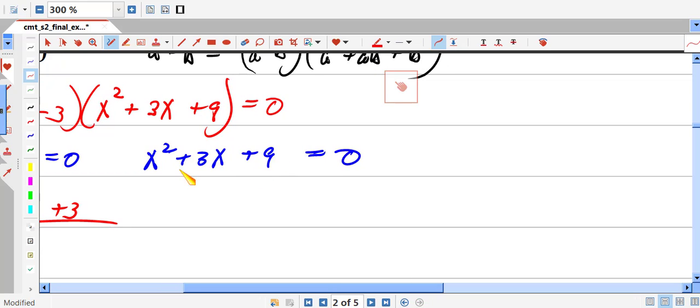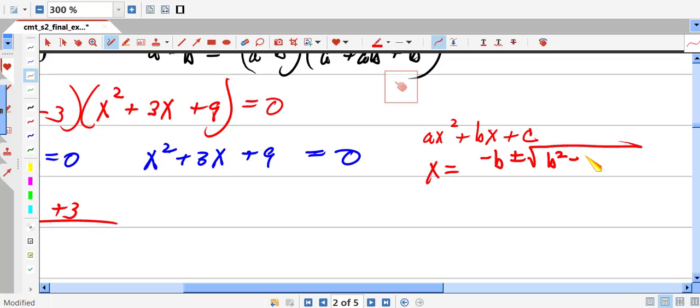It kind of looks like you might be able to factor this, but trust me, you're not going to be able to. So the quadratic formula is when you have ax squared plus bx plus c, well, that means the solutions are x equals negative b plus minus square root of b squared minus 4ac all over 2a.